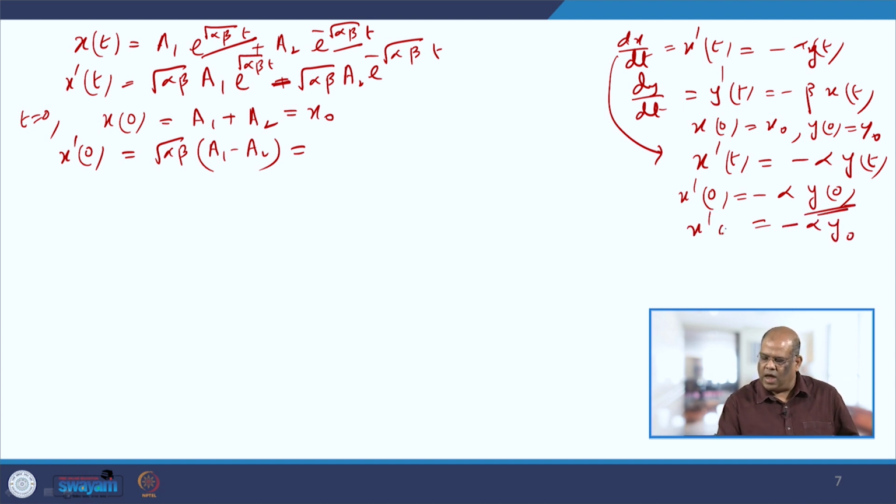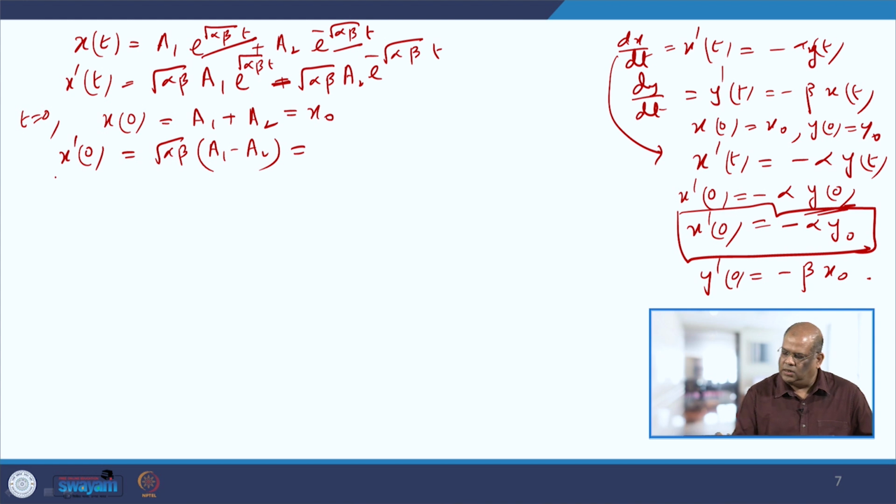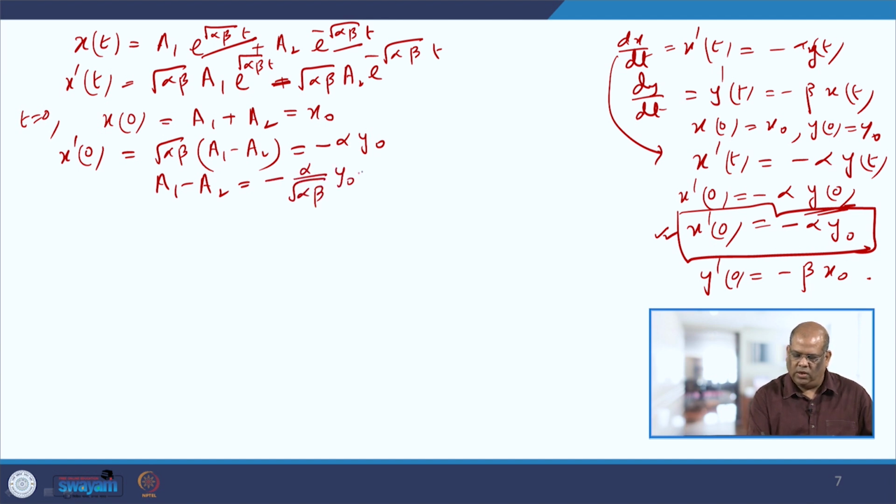So, your x dash 0 is minus alpha times y0. In a similar manner, y dash 0 is minus beta times x0. But here I will need only x dash 0, so I will be using this particular value. So, this is minus alpha times y0, which gives me a1 minus a2 equal to minus alpha times y0 divided by root alpha beta, which is minus root of alpha by beta times y0.